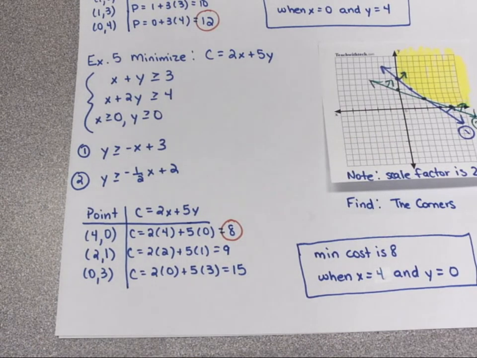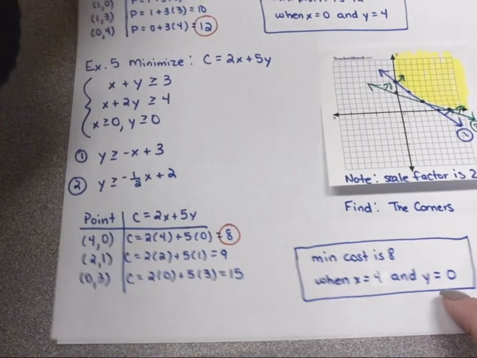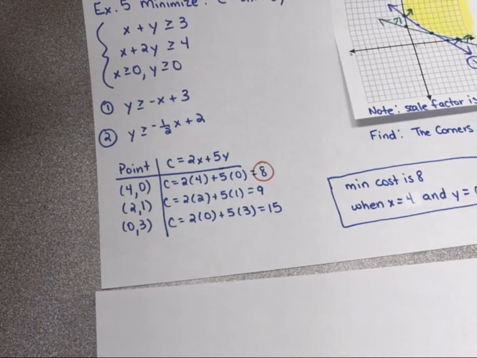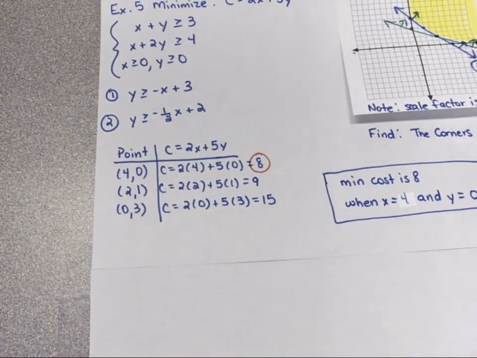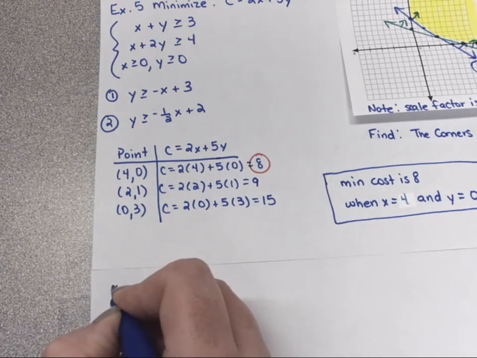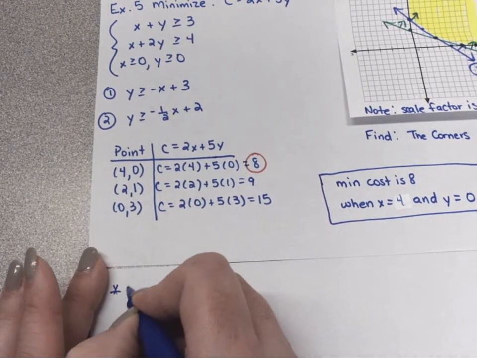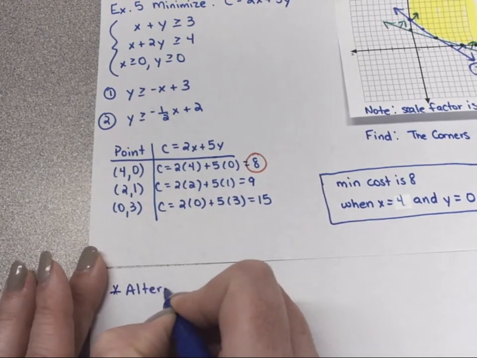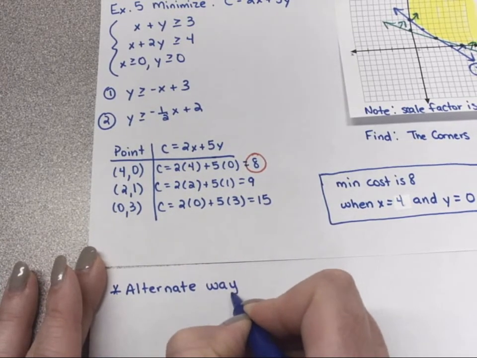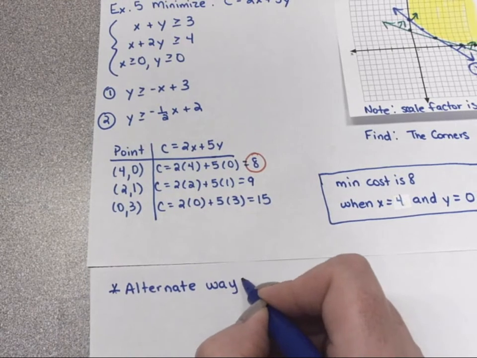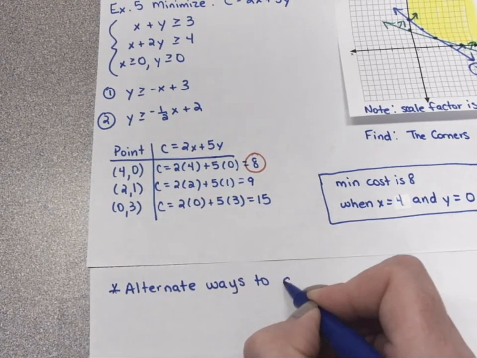So where we're heading with this, where we're going to begin in the next class, is we're going to be graphing some real life scenarios that might have larger numbers. And so before we close for today, I want to go over some alternate ways to graph lines.